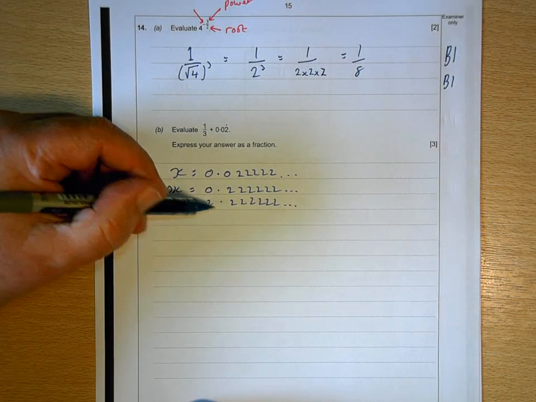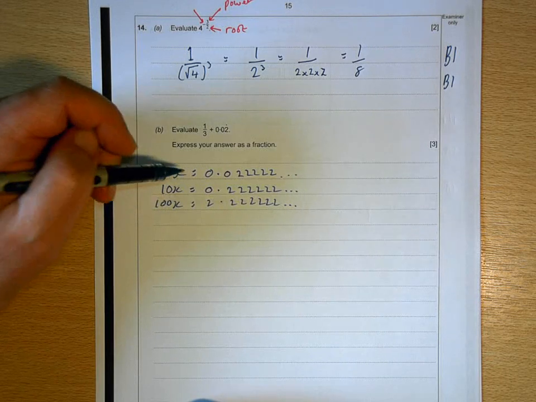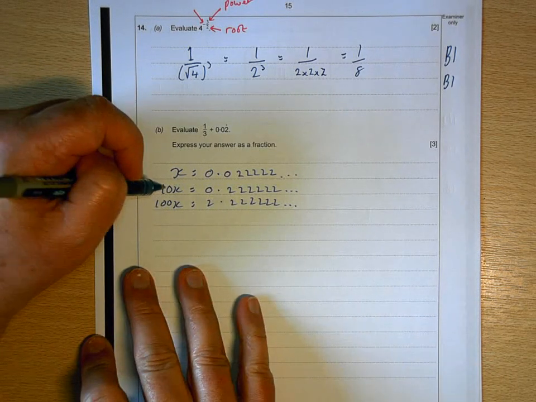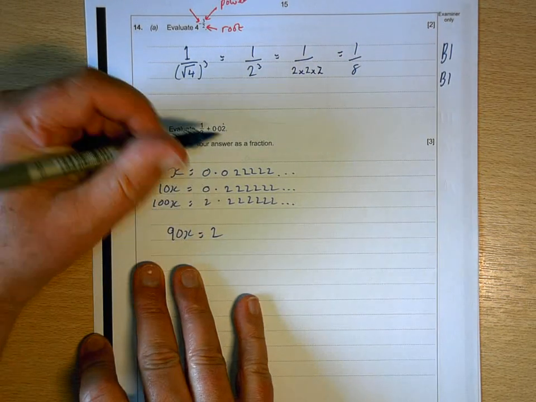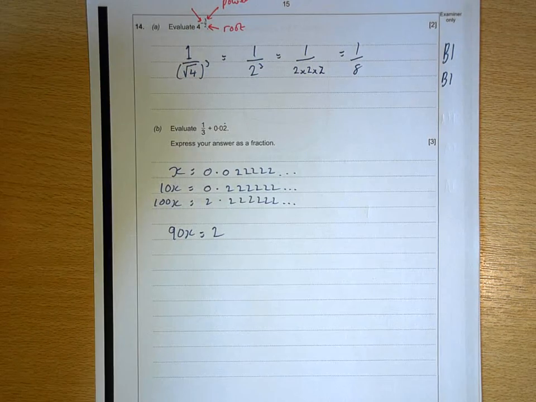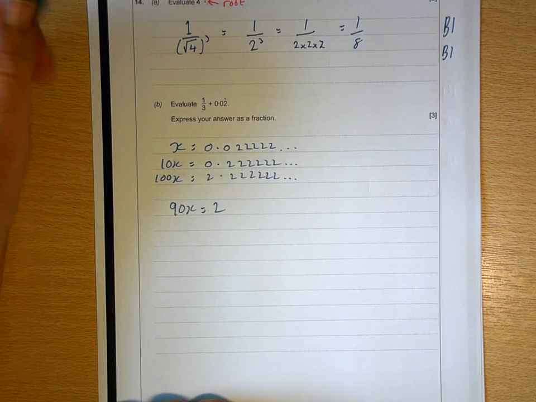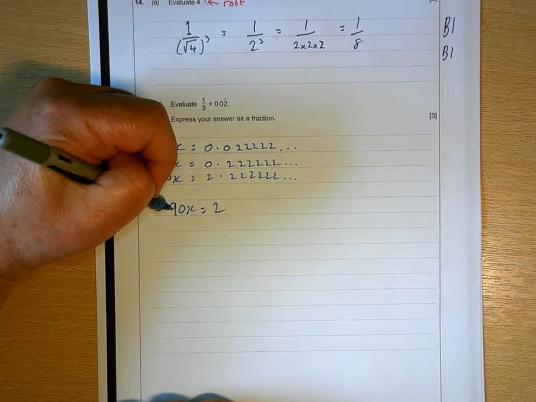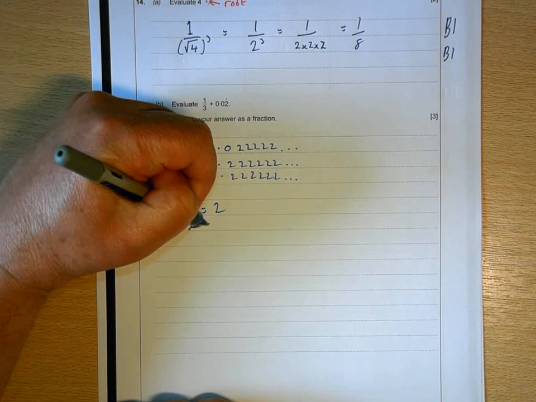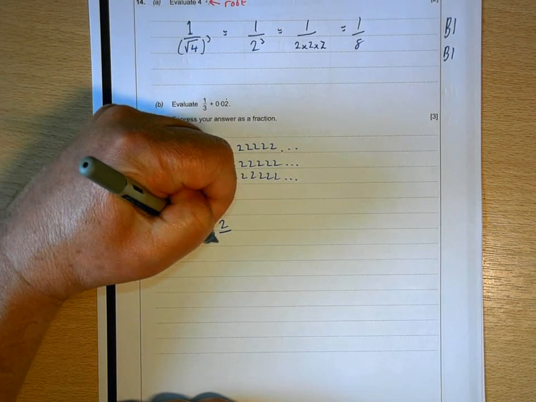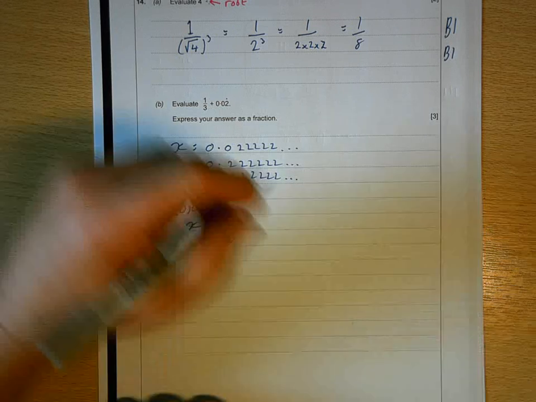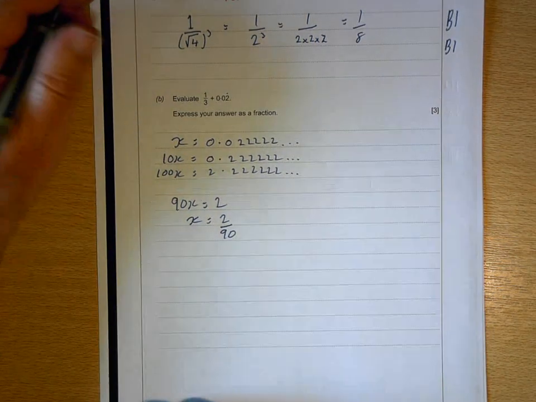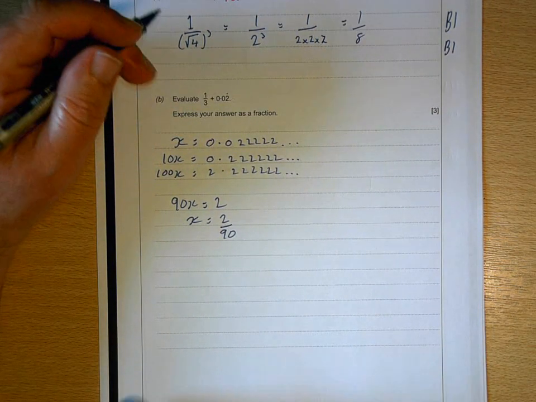So if I subtract, I'm going to get 100x take away 10x is 90x, 2 take away 0, and then all of those are going to disappear off and cancel out. So 90x is 2, divide by 90, and I get 2 over 90. 2 over 90 is the same as 1 over 45. Now it's not asking you to simplify this, so that is a fraction.